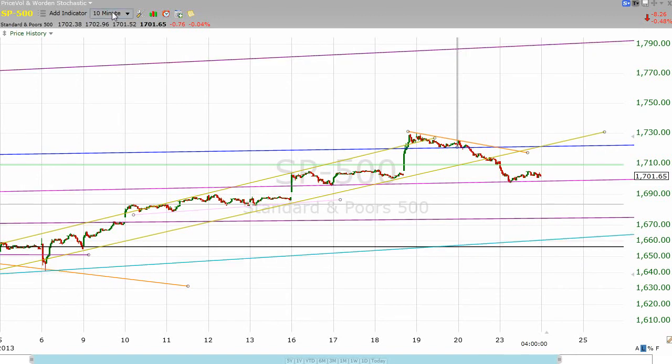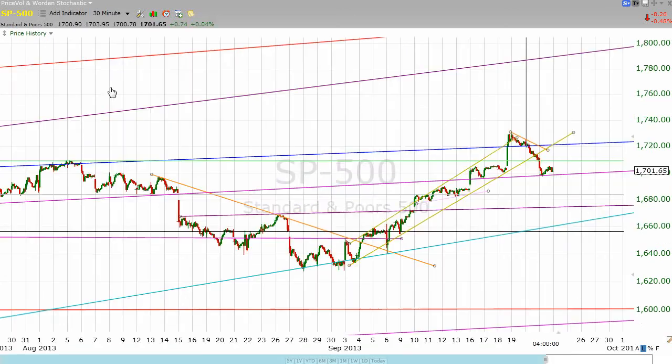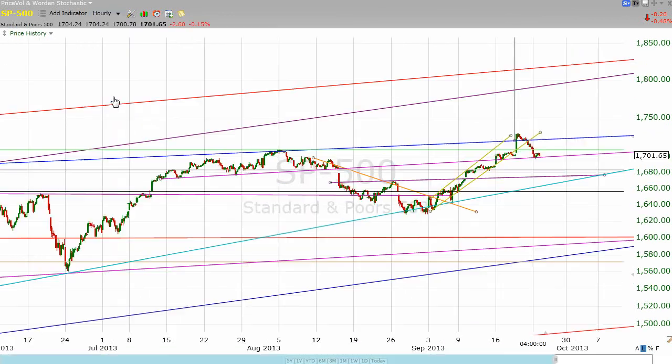Now, I mentioned that sometimes these channels break, and the idea is not that they're going to reverse hard. Sometimes they break, and what happens is we end up finding out that the ascending channel that we're in is actually part of a larger ascending channel that has a slightly different shape.